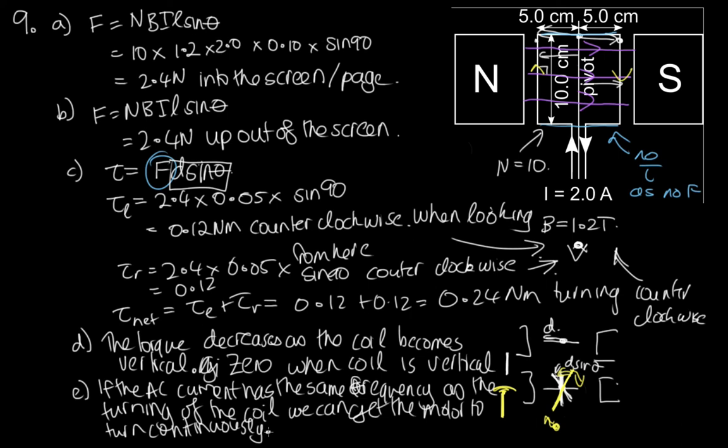They get them so that they are turning in Australia at 50 Hertz, as that is the frequency that our current is supplied at.